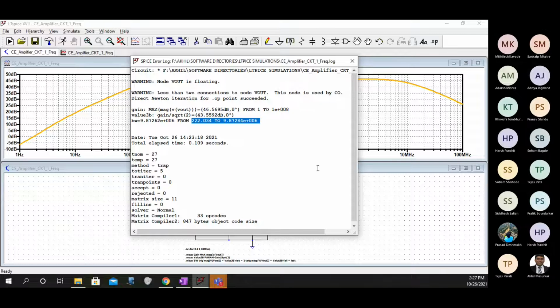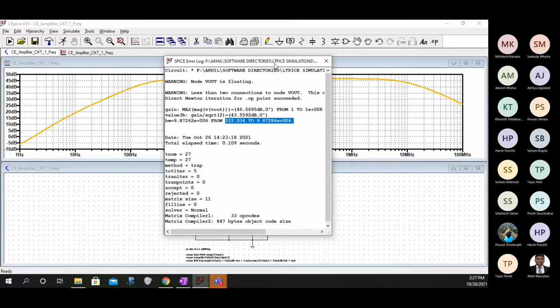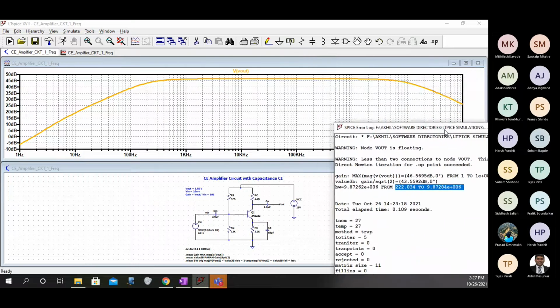So are you getting this? So now you all will use this command and show me the graph like this.